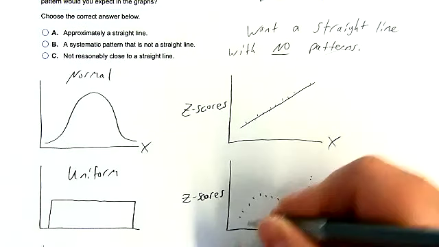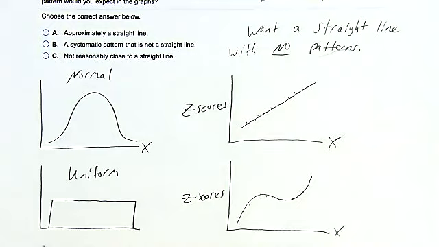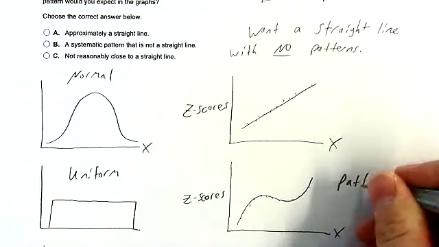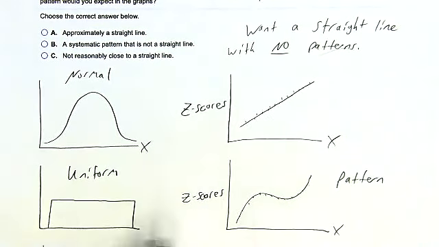So you have this pattern in here. Now, patterns aren't bad necessarily because it means that there is some connection between your x value and the y value. So there is a connection here, but we want normal data. So if we find a pattern, we're going to say it's not normal.